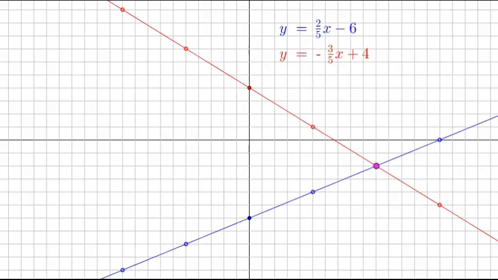So we need to write the coordinates of our solution, the x and the y coordinates. That's going to be (10, -2). The order is important here, so we put the parentheses. The x coordinate is 10, and the y coordinate is negative 2.